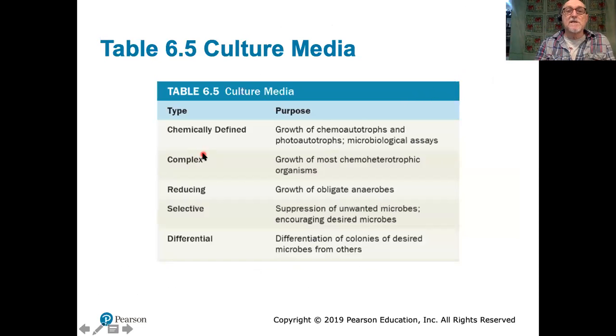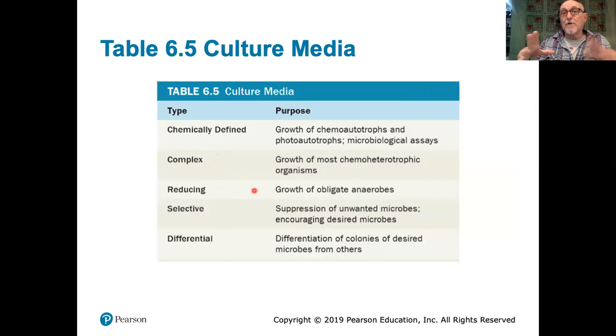Okay, so this is just a summary for you. We saw chemically defined media, where we know exactly what is in them. Complex media, our generalist kind of media, which most of our chemoheterotrophs will grow on perfectly happily.